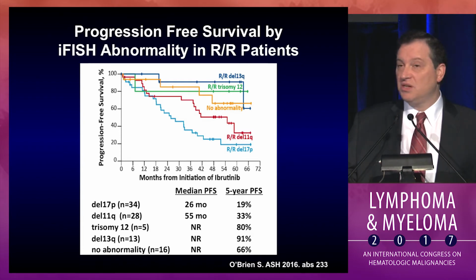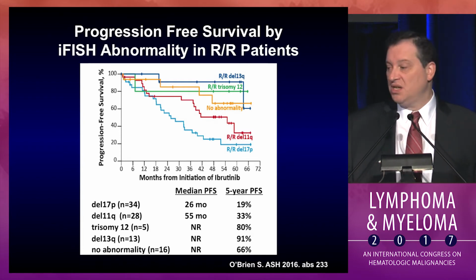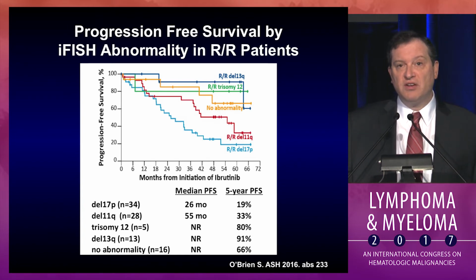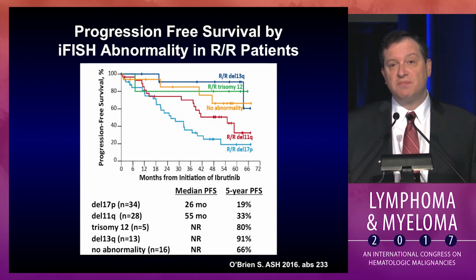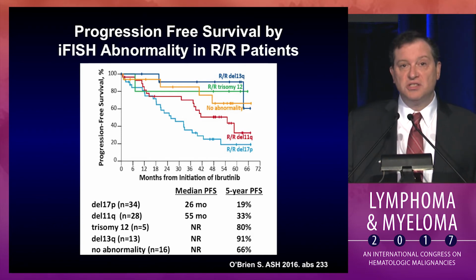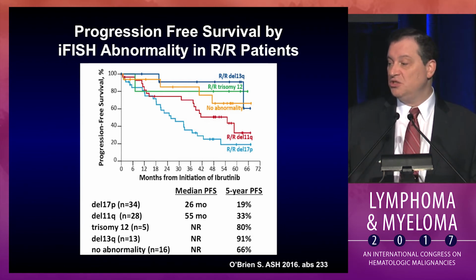And I look at my patients who are on Ibrutinib, and I think to the fact that the 5-year progression-free survival may only be about 20% for that patient with 17p deletion. And for that patient with 11q, it's 33%. So obviously we need to do more.